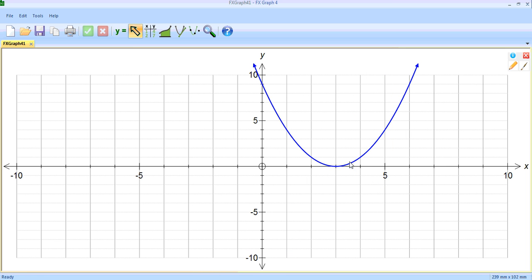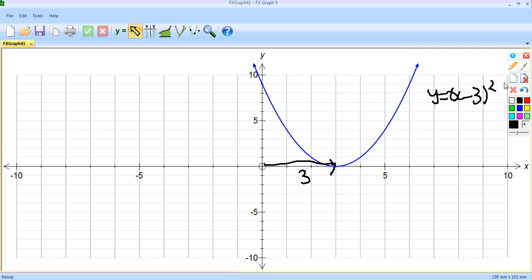This is then y equals x minus 3 squared. What's happened is that it has moved across 3 units. So the 3 in the equation actually moves it to the right. It's minus 3, so it has meant that your axis has moved minus 3, and the whole graph has moved to the right 3 units.